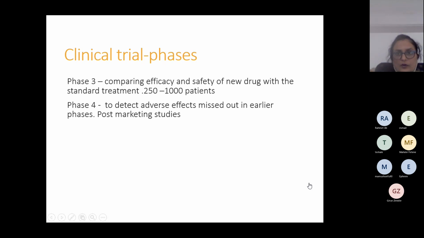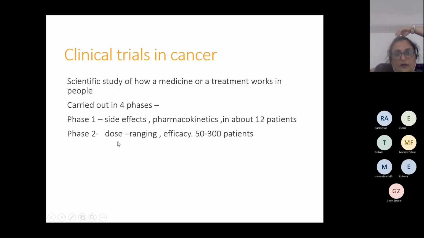Phase 4. The phase 4 study is to detect adverse effects missed out in earlier phases. This is called post-marketing studies. See, in the phase 2 study, we had seen dose ranging and efficacy.